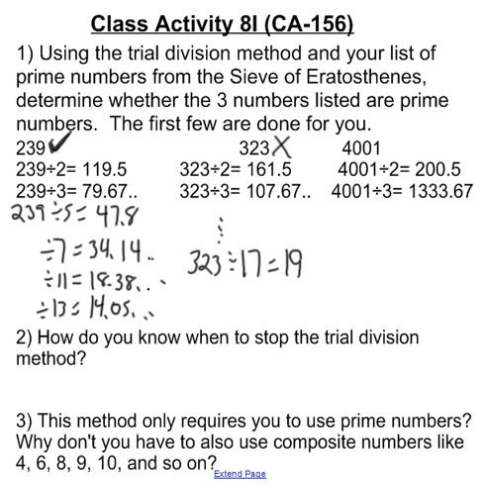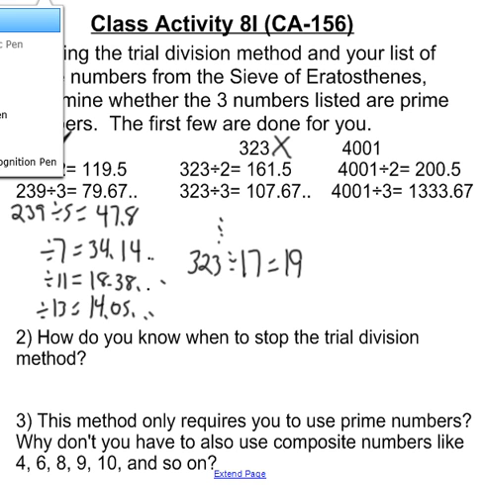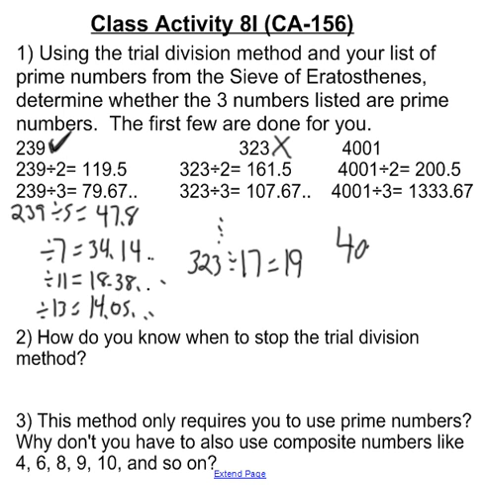Now 4001, I would end up checking a lot of numbers. I'd end up checking all of my prime numbers, 2, 3, 5, 7, 11, 13, all the way up till I got to 4001 divided by 61, and that's going to give me 65.59... And when I get to that point, it's not a whole number, so I know that it's not divisible by 61.